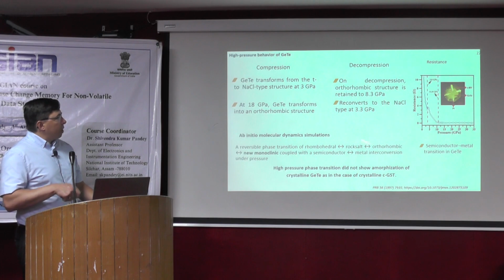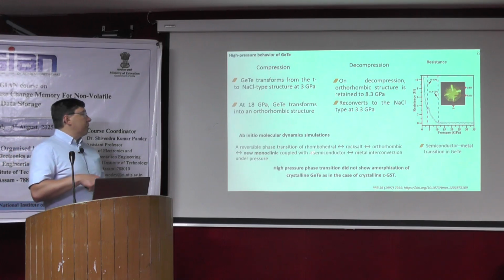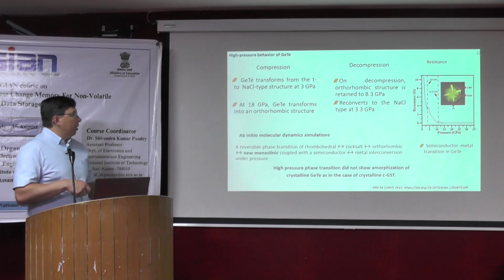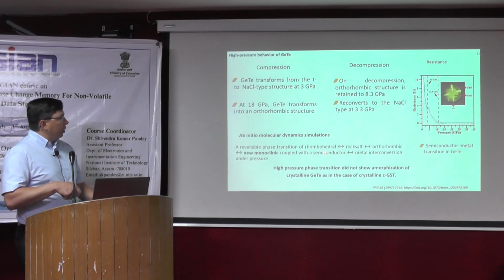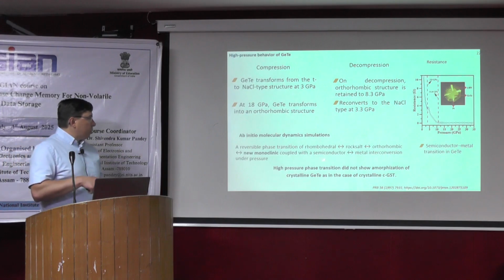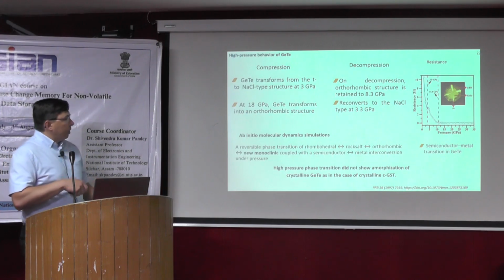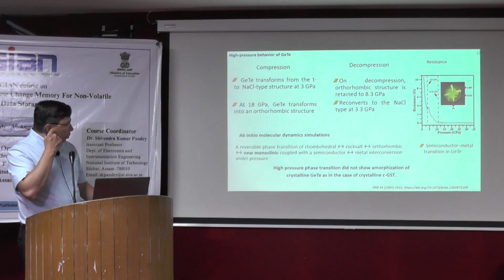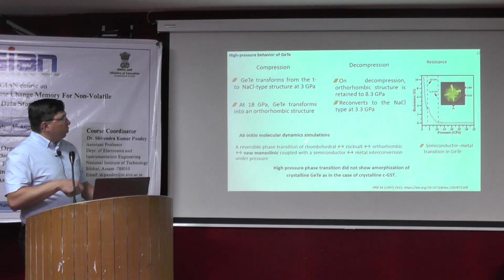Then to the orthorhombic structure, again, it's also observed experimentally, but then they observed a new monoclinic structure, showing a semiconductor to metal conversion under pressure. So they observed the formation of a new phase, which was not observed experimentally.